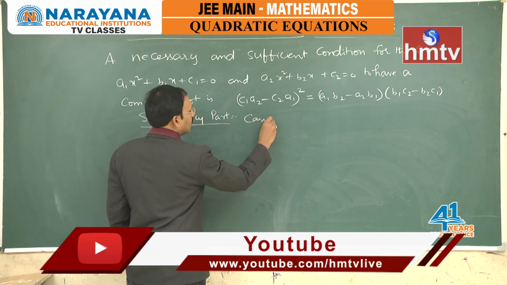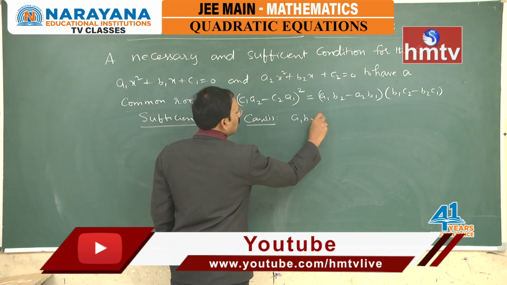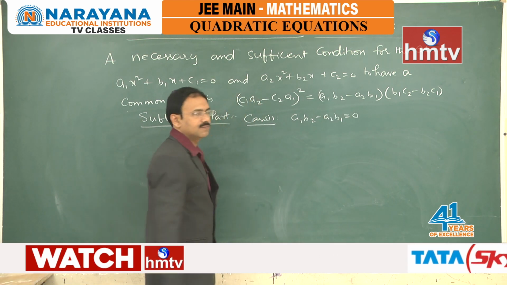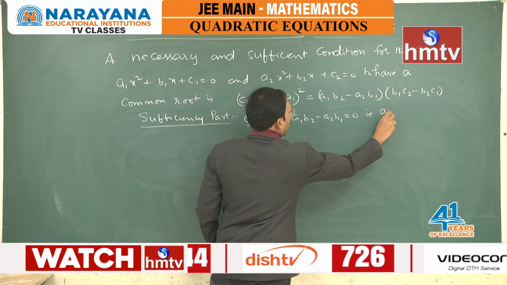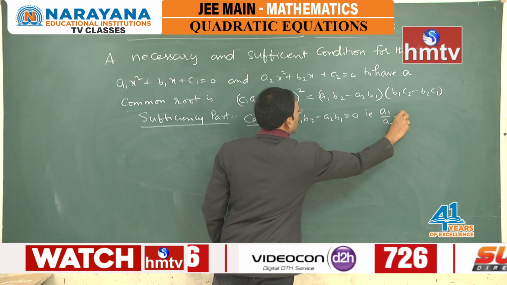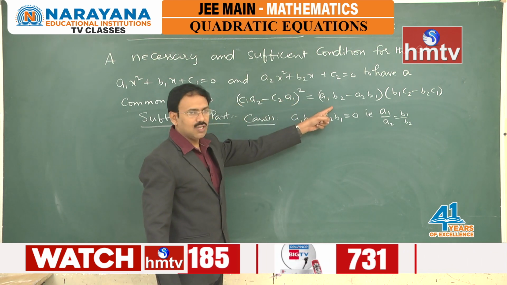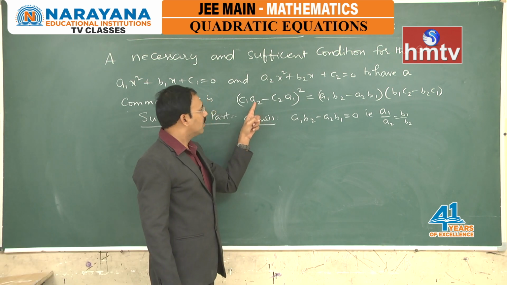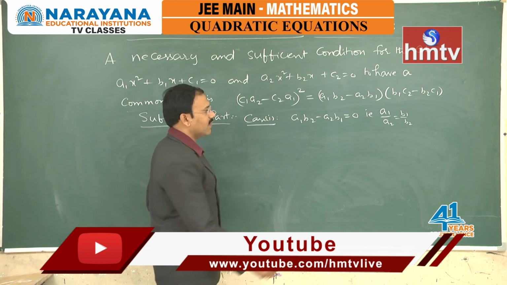Case 1 is, you suppose a1 b2 minus a2 b1 is 0, which means that we have a1 by a2 is equal to b1 by b2. Now, if this is 0, automatically the LHS will also become 0, which means that a1 by a2 is equal to c1 by c2.